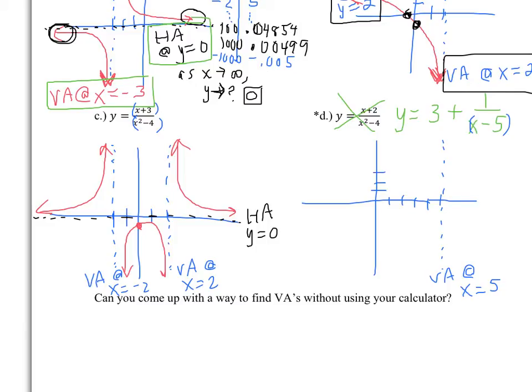And at positive 3 for y, we would have an HA. So HA at y equals positive 3. Our function, again, you could find your intercepts very easily, and in doing so, they'll help guide your graph.